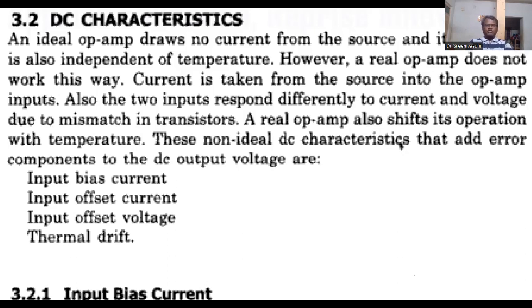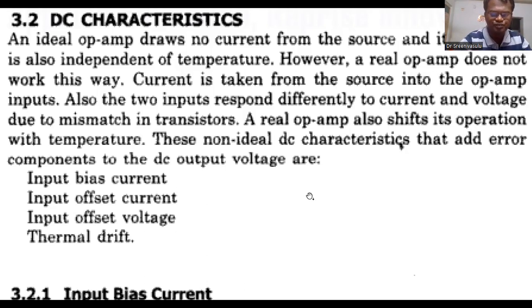One is input bias current, another is input offset current, next is input offset voltage, and next is thermal drift. These four parameters we are going to compare between the ideal op-amp and the real op-amp. Suppose input bias current: what is the ideal value, and what is the rough value we get with the real op-amp?